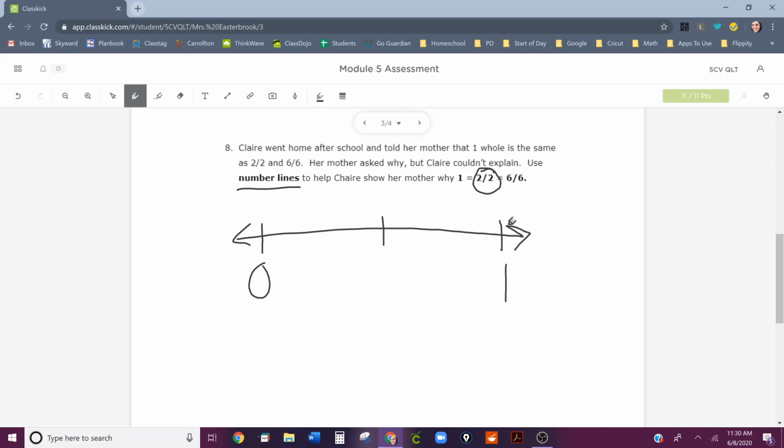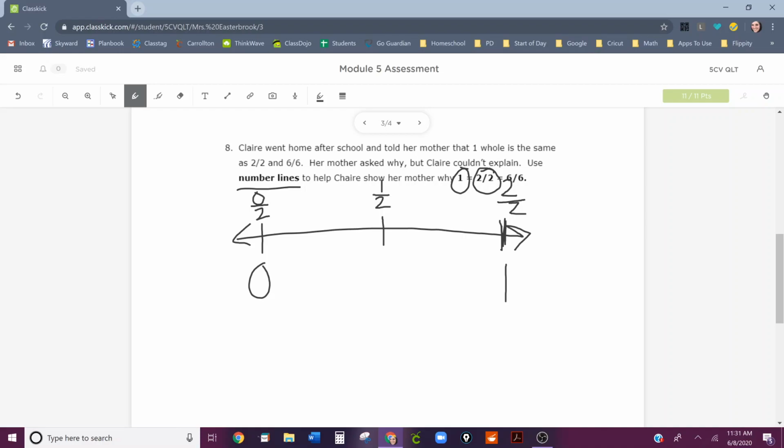Well, this first piece is 0 halves, 1 half, 2 halves. Okay. So we can see that the 2 halves line is the same as the 1 whole line. So we know 1 whole is equal to 2 halves.